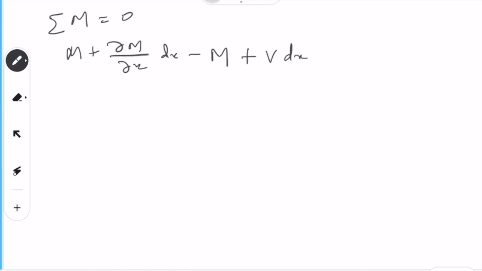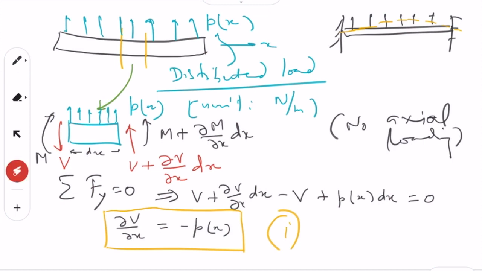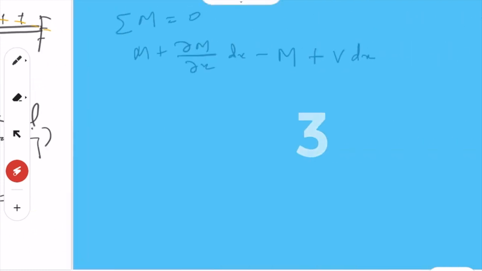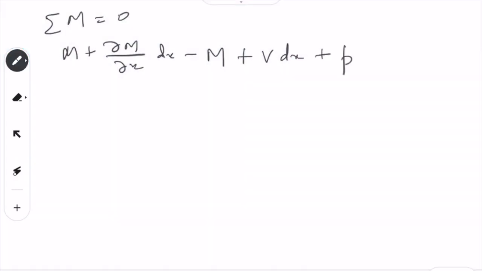Here this is anticlockwise, this is clockwise, so it goes minus, and this will be minus Px multiplied by dx over 2, because that will be clockwise. So plus Px dx times dx over 2, and all of them will be equal to 0.